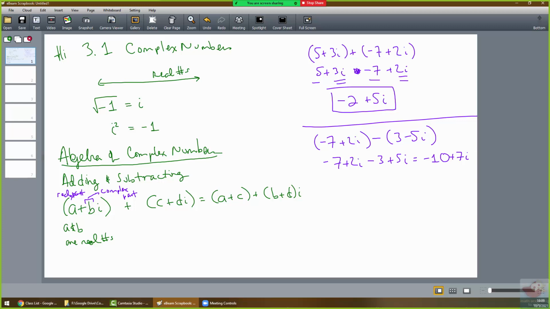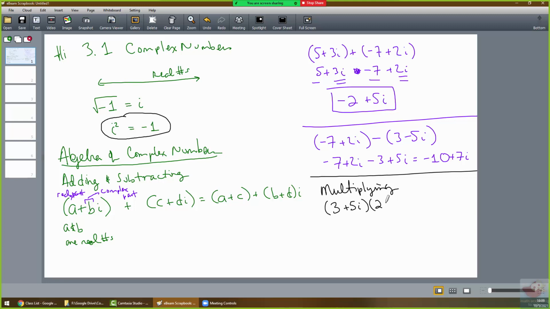Next up would be multiplying. To multiply, the big thing to remember is that i squared is negative 1. And honestly, we can do all of this by example.